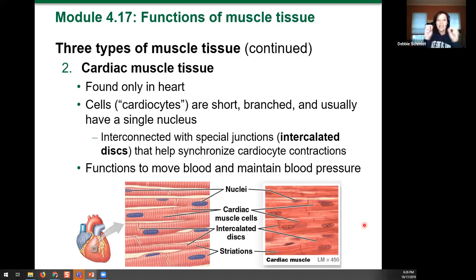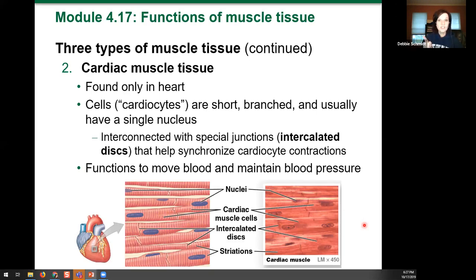And also, it has little cell junctions in between called connexions, that are like little portholes so ions can flow from one cell to the other. Going to be really important when we send the command to contract down to a cardiac muscle cell.